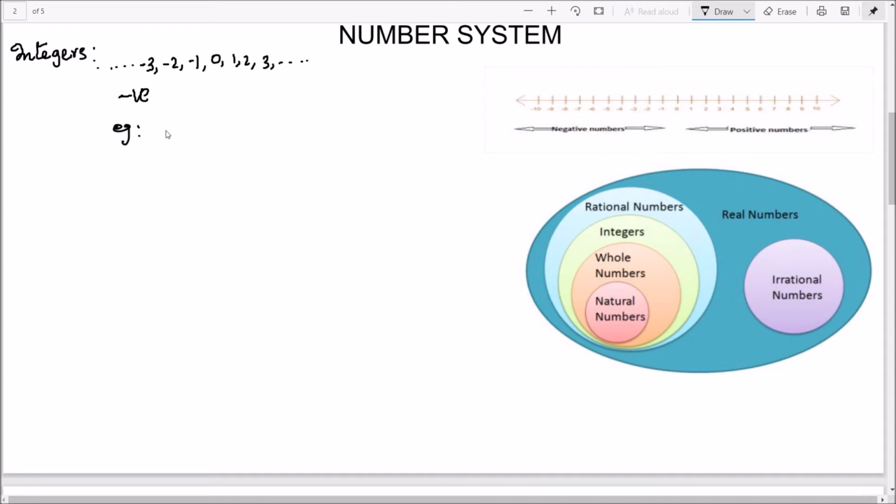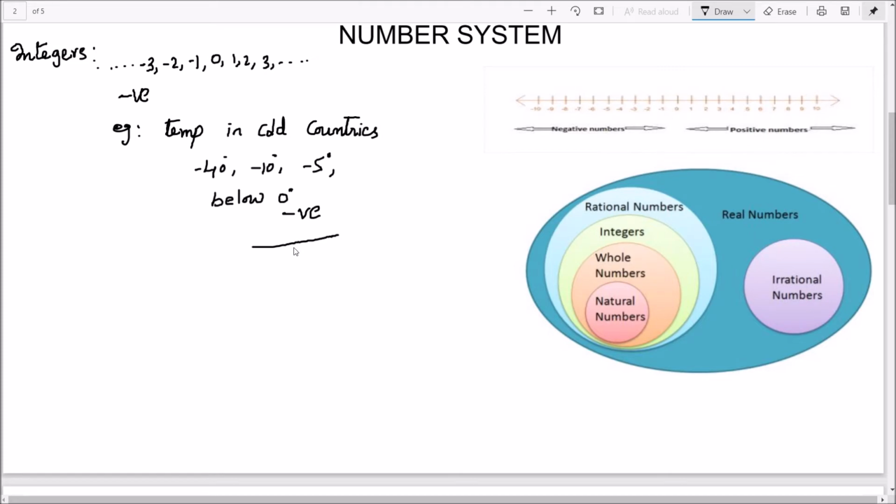Suppose you observe temperature in cold countries, how will it be? Minus 40 degrees, minus 10 degrees, minus 5 degrees. That means these are below 0 degrees. To represent below 0 degrees, we require negative numbers. Same way, if you want to find the depth from sea level, again we will use negative numbers.